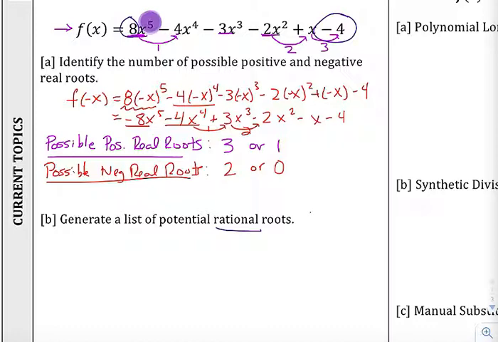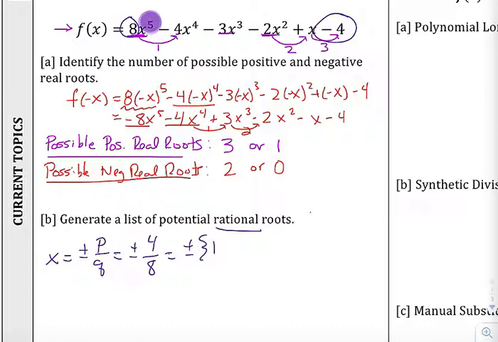So the rational root theorem says if we want to generate the list of potential real roots, we have to look at all the combinations of p over q, where p are the factors of the last term, and q is the factors of the leading coefficient. And so this is going to be all the positive and negative factors of 4 over 8. Remember, these are factors, not just numbers, so we have to break up 4 and 8 different ways.